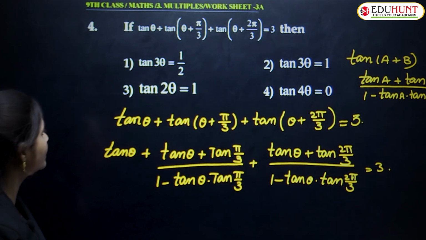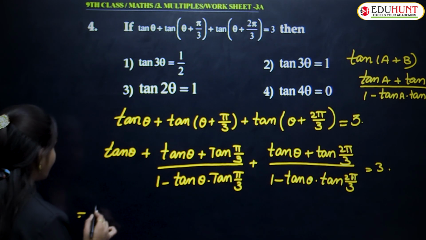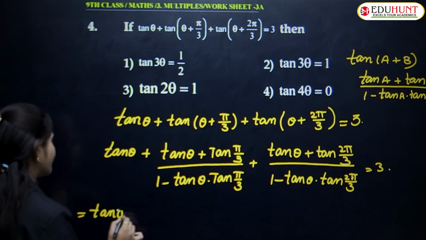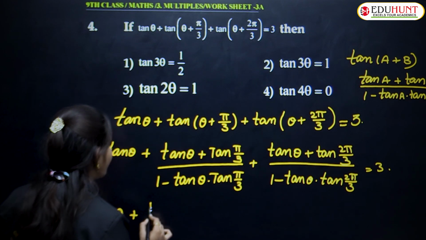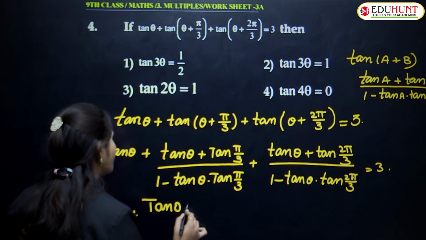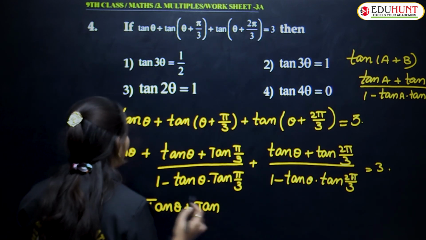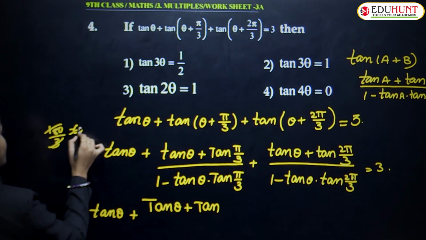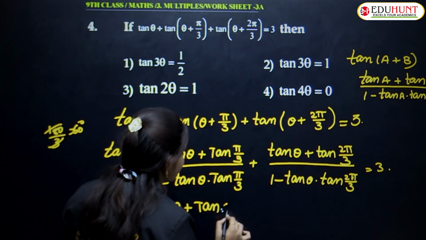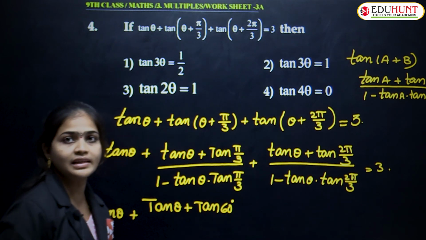Am I clear, children? Yes. So tan theta plus, first simplify this. Here tan theta plus tan pi by 3. So pi by 3 means 180 by 3, which is nothing but 60 degrees. So tan 60 degrees. Clear children?